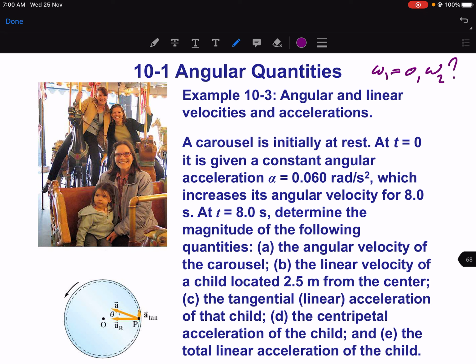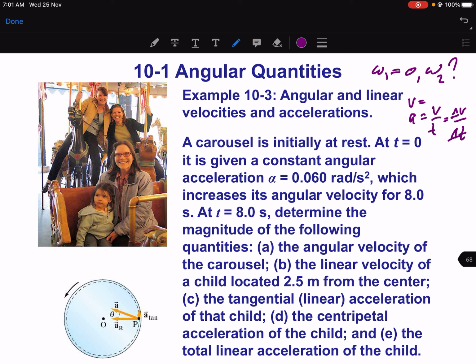As you know, in linear velocity, the formula is a equal to delta v over delta t, right?